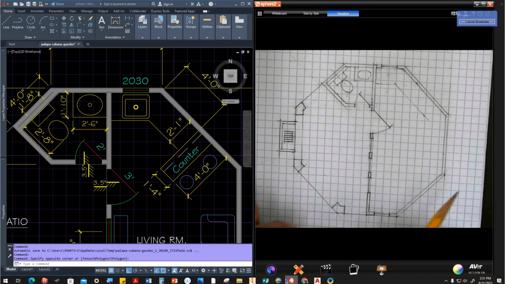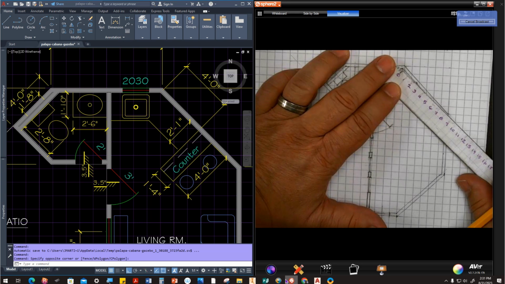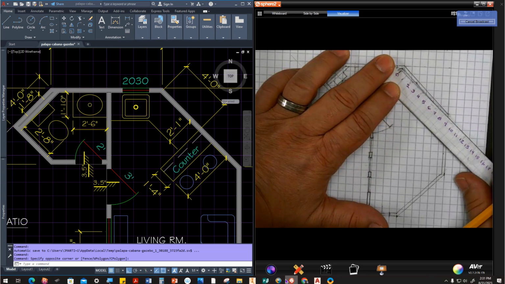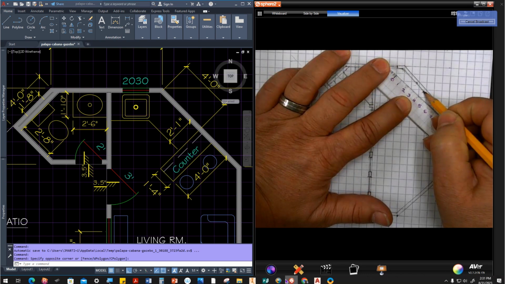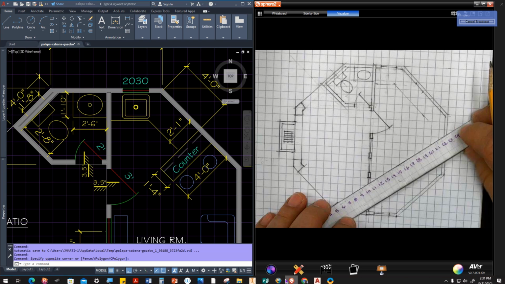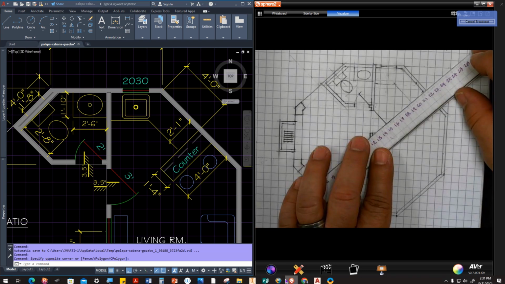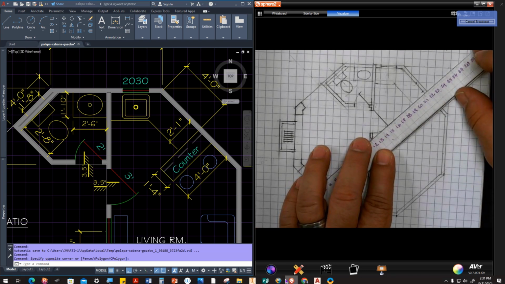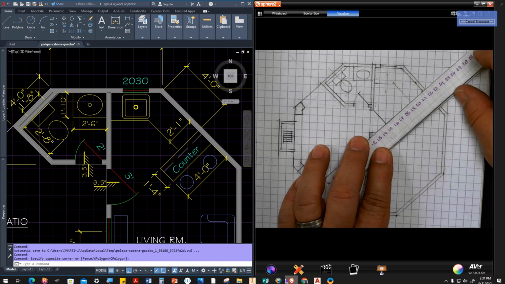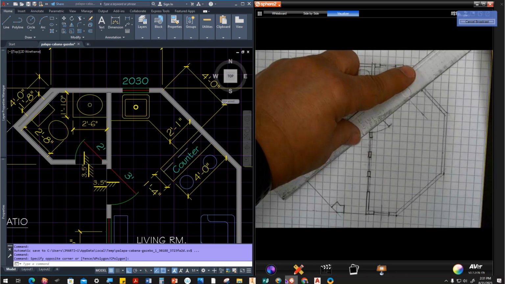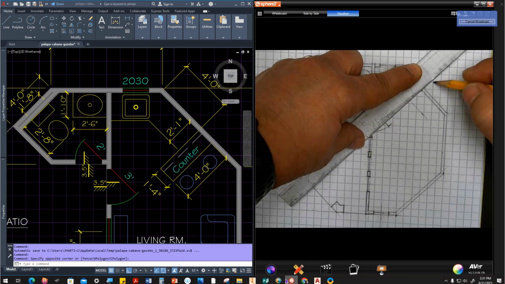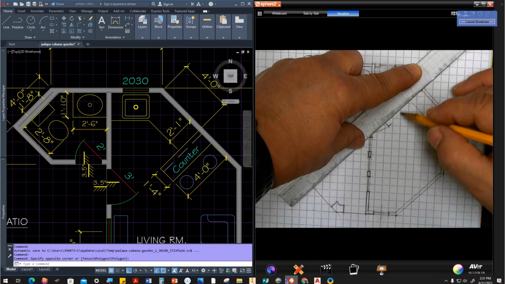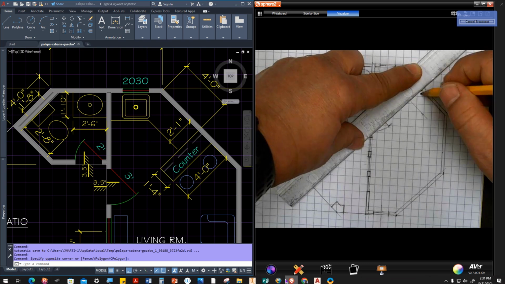Okay, 4 is here. Will I be able to draw a 45-degree line? Notice how it's close to the corners. It's kind of hard, but it's close to the corner, close to the corner. So I think that's a good approximation of a 45-degree line.